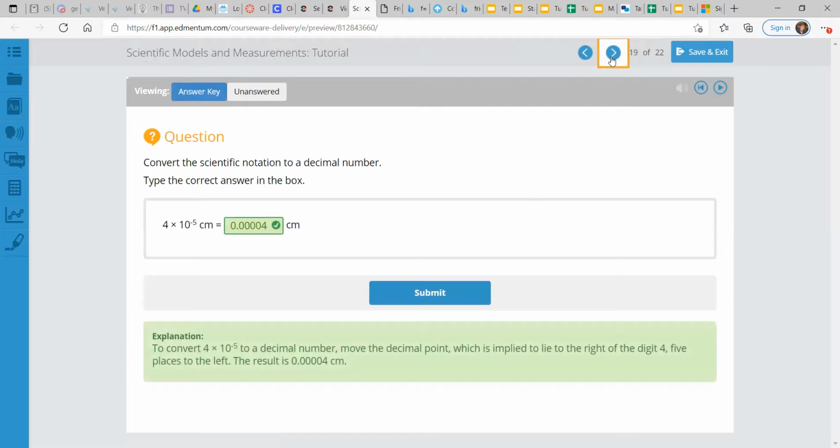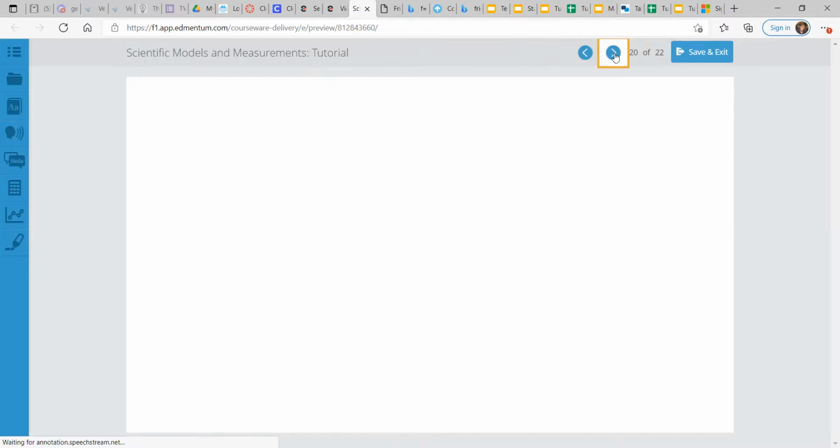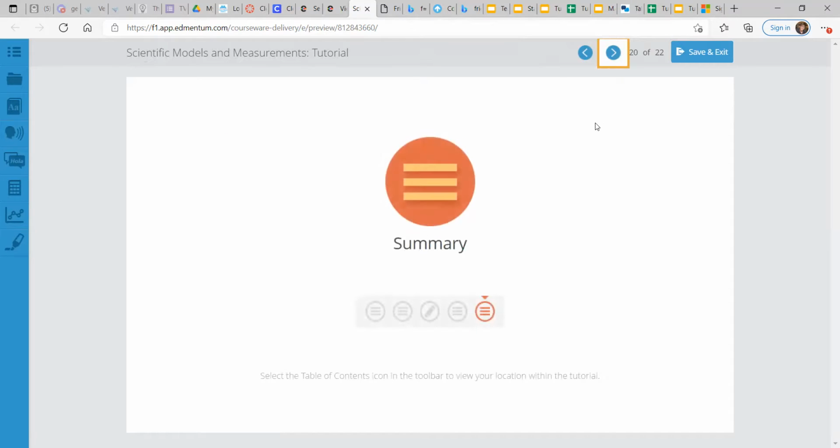There's more examples of writing scientific notation. And once you get used to it, it's not too hard. I say just practice with these in the tutorial and then the mastery test. And over time, you'll get used to this scientific notation.